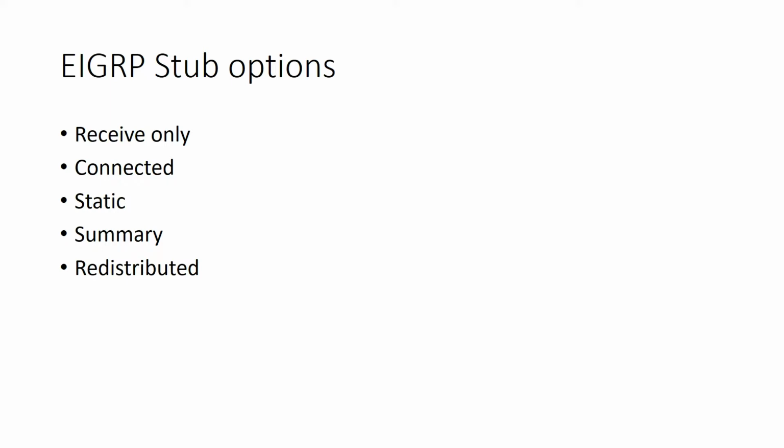It's an important note that if you already have EIGRP stub configured, you're going to be sitting in that summary option. And if you decide that one of these other options is more enticing to your network and you change it, it's going to break all of your EIGRP relationships. So you're going to have to configure all of those routers over again. And if you're not taking this into account, it might result in some network downtime.